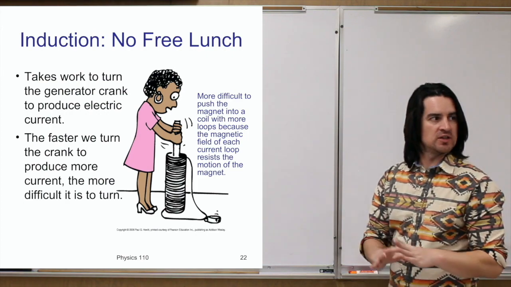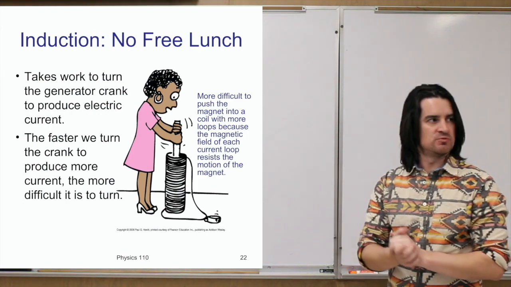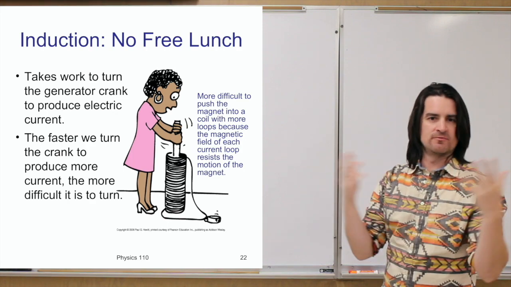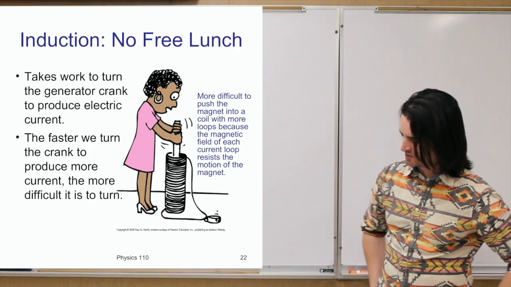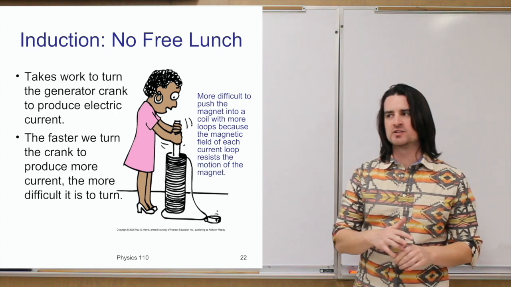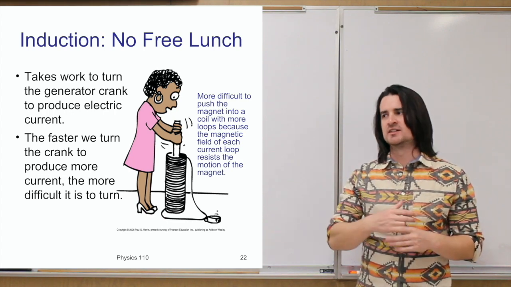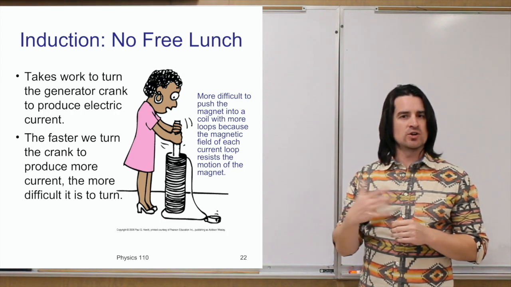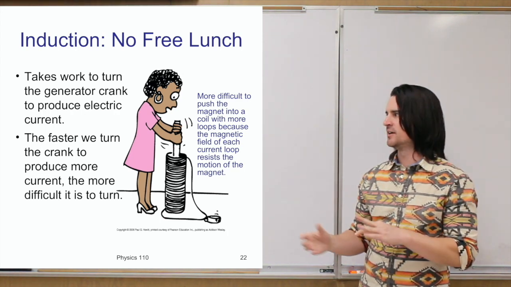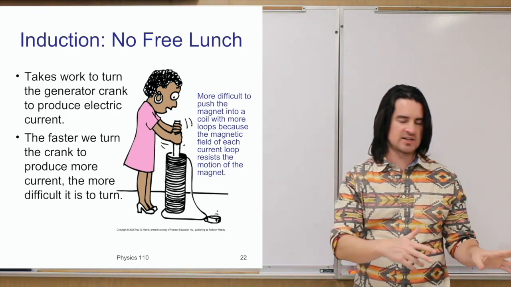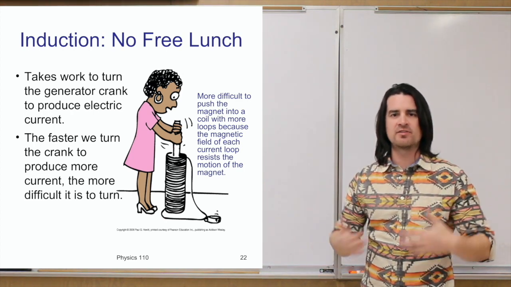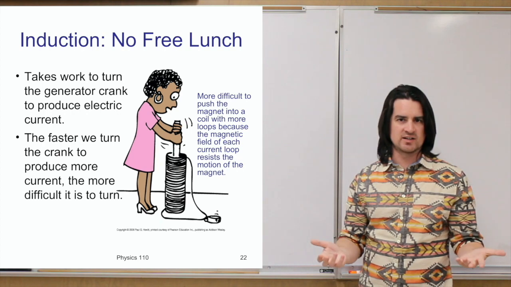So just in case you were thinking, well, why don't we just turn cranks more, or turn them faster, and generate more power, induce more current? It turns out there's a counteracting effect. When you induce current to flow, and we'll get into this a bit more in a couple of slides, that current creates its own magnetic field.